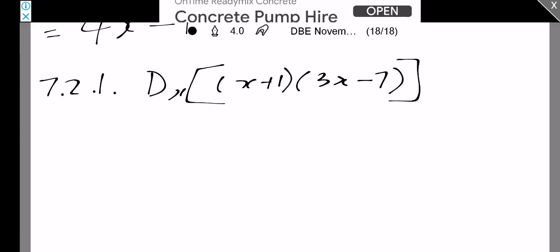Now guys, since you don't know the product rule, you cannot differentiate when it is in that form. You've got to simplify the inside of the bracket first.